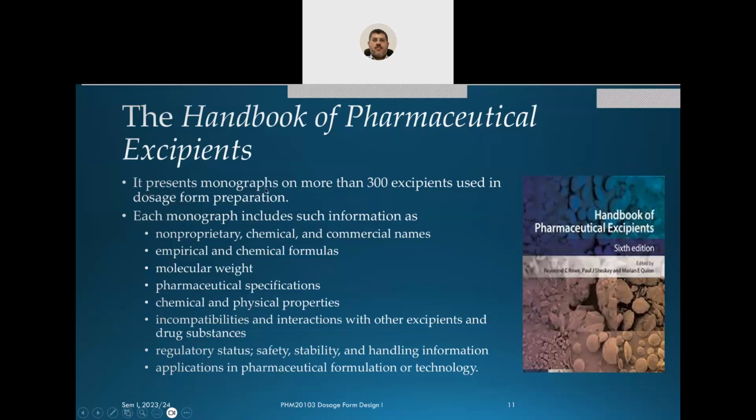It presents monographs on more than 300 excipients used in dosage form preparation. And it's not just 300 excipients, because one excipient may be available in different grades. So different viscosity grades, for example, different particle sizes, whatever, they will all be listed under one excipient. It is the same structure, same molecular formula. Okay?